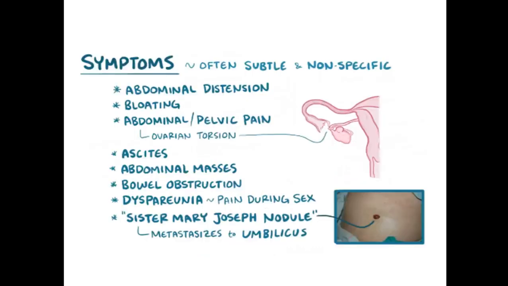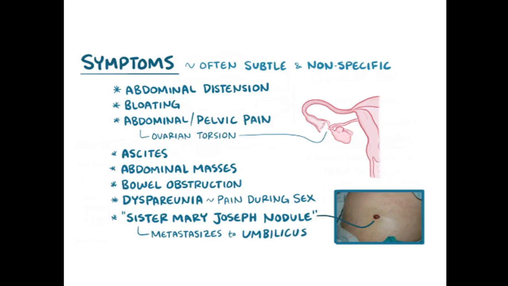Now coming to the symptoms of ovarian tumors, they may be subtle and non-specific. There are individual variations. One individual may suffer from increased or decreased intensity of one type of sign and symptom, and another from another. But generally speaking, the symptoms include abdominal distension, bloating, and lower abdominal or pelvic pain.